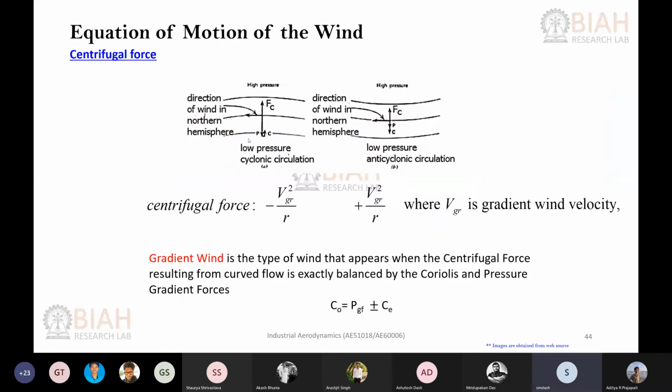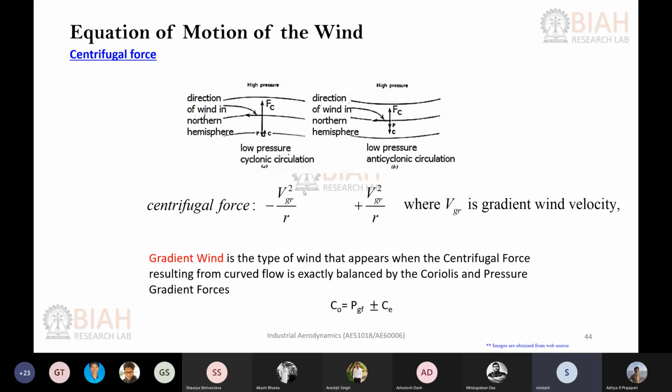Okay, so now you can see that based on the pressure at the center of the circulation, which can be low or high, your centrifugal force will be either parallel to the pressure gradient force or opposite to it, or in the same sense, either parallel to your Coriolis force or opposite to the Coriolis force.